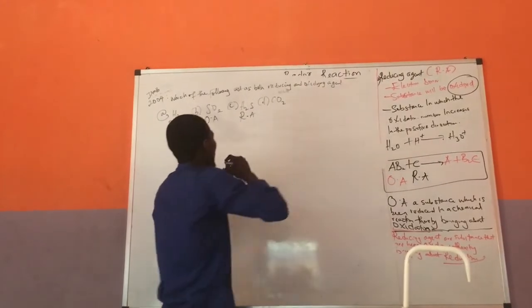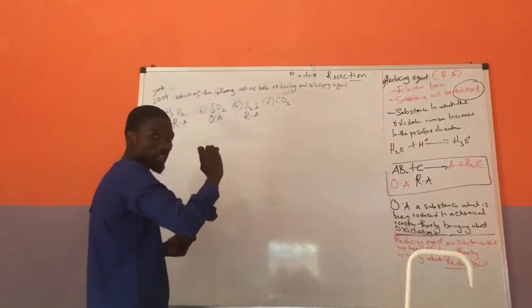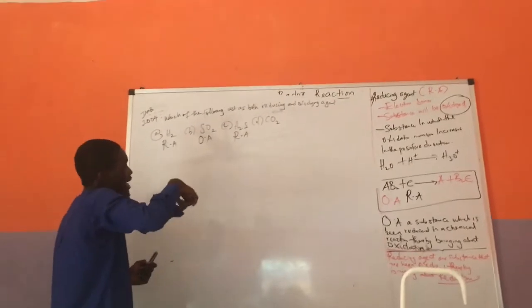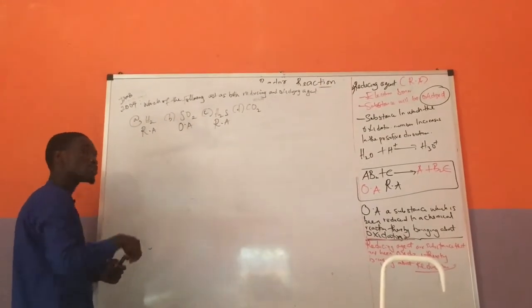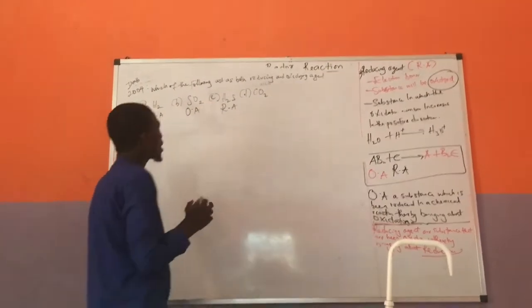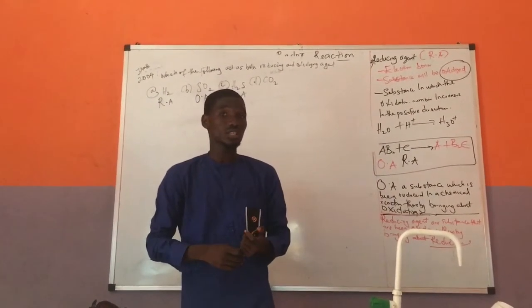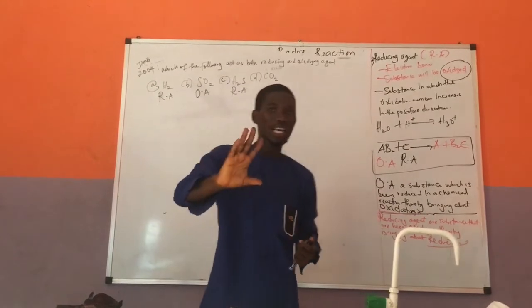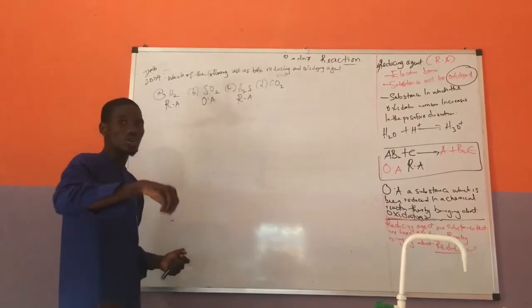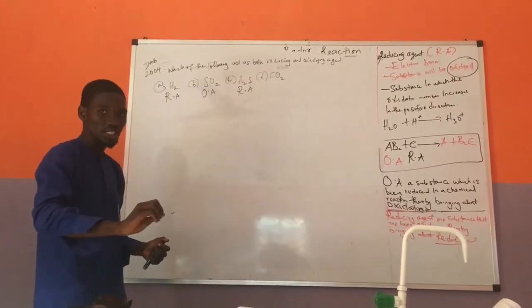But the last one can be determined: truly, can it act as a reducing agent and also as an oxidizing agent? Listen, there are some compounds that can act as oxidizing and reducing agents. An example is you can use carbon dioxide and water. They can act as oxidizing and what? Reducing agents.